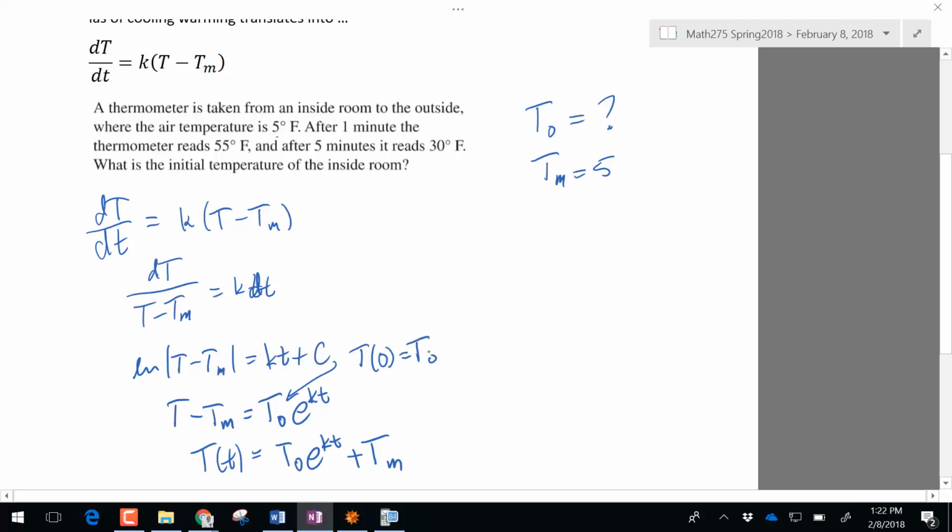So that means this unknown coefficient, I guess we'll call it A for now, should equal: T naught minus Tm is equal to A e to the k times 0, which says that A is equal to T naught minus Tm. So that should be T naught minus Tm.